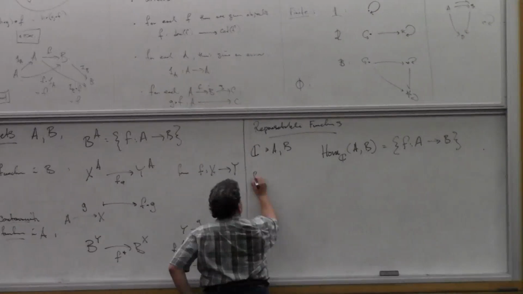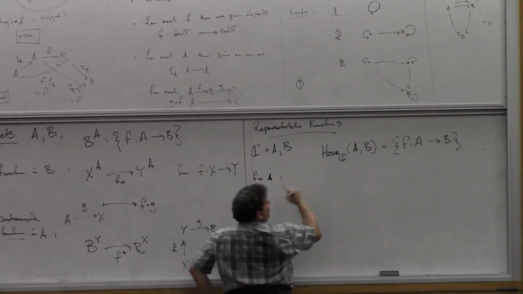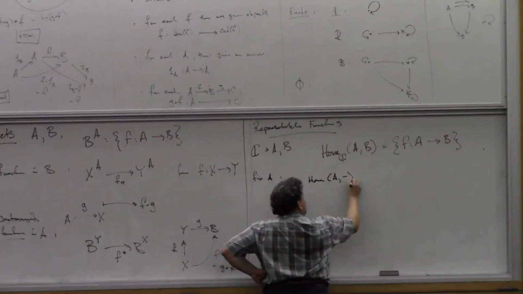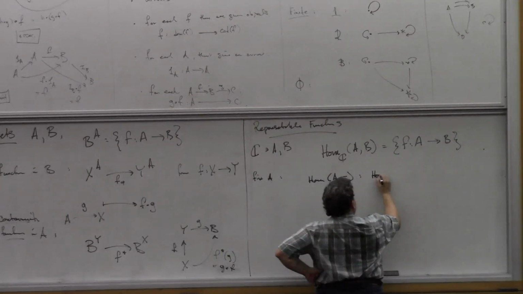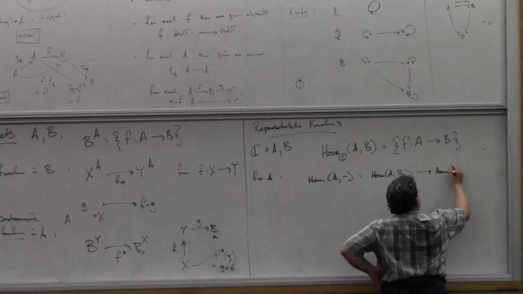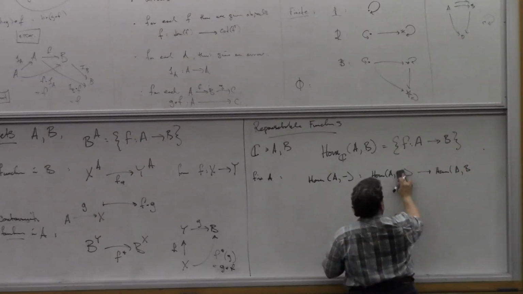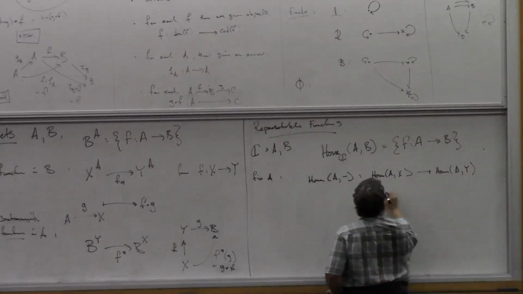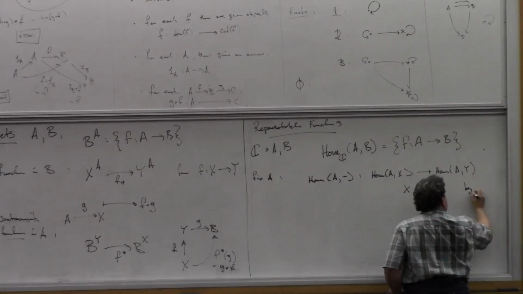But just as before, I can say fix A, and then I get a functor in B, Hom(A, -), and that will take Hom(A, X) into Hom(A, Y), for any X going to Y, just by composition, just as before.